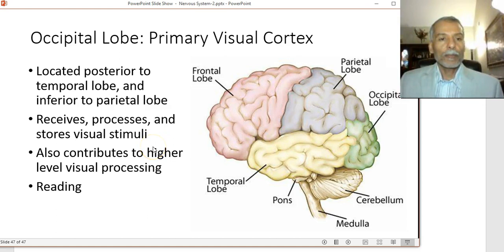Okay. So the visual cortex receives visual information like from your eyes, and it stores them also. And there, the neurons are arranged in a certain way so that some detect low speed motion and some detect fast speed motion.